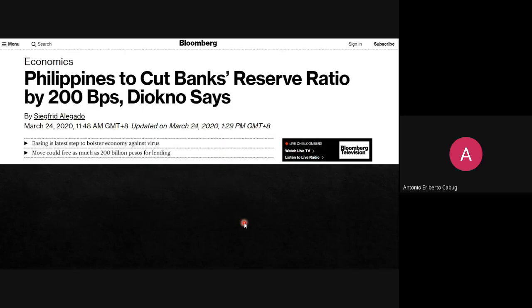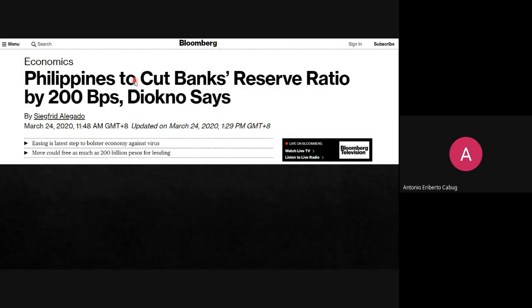But here's the problem. Just last year, this is already a year ago, March 24, 2020. Philippines to cut bank's reserve ratio by 200 basis points, Diokno, our central bank governor, says.